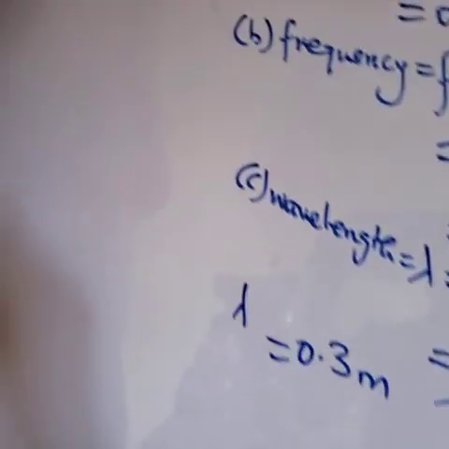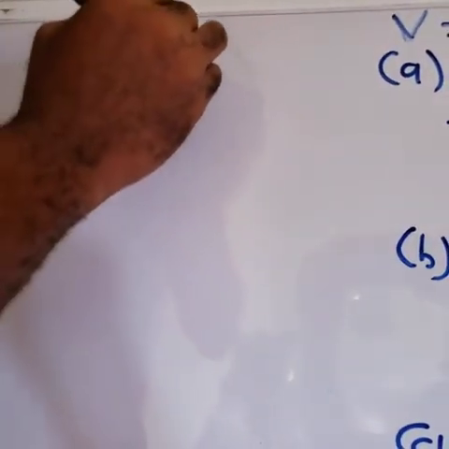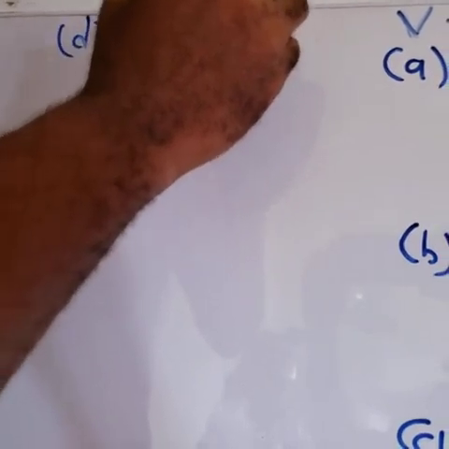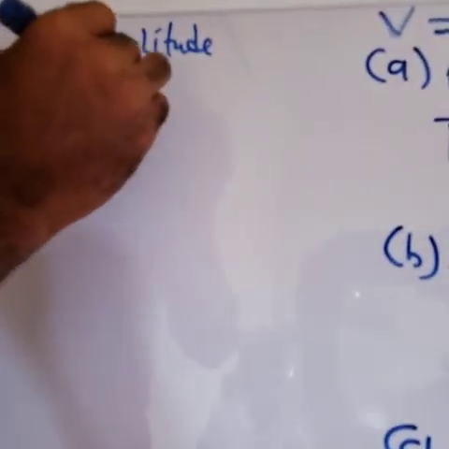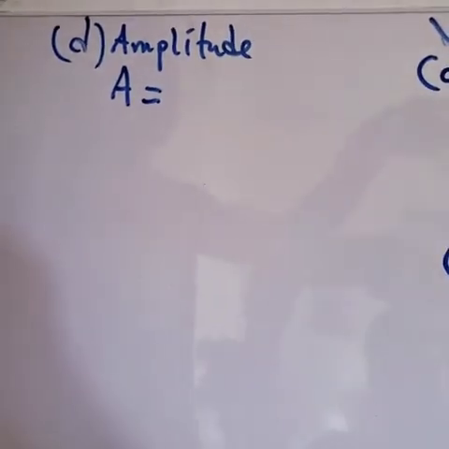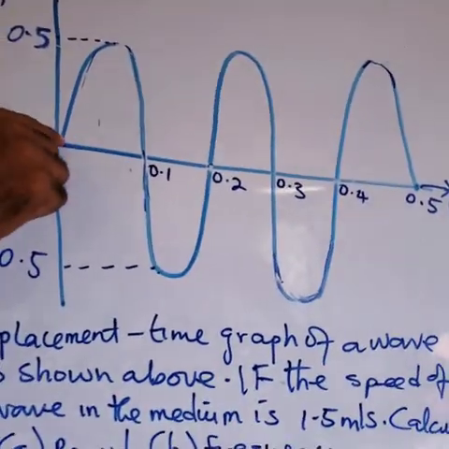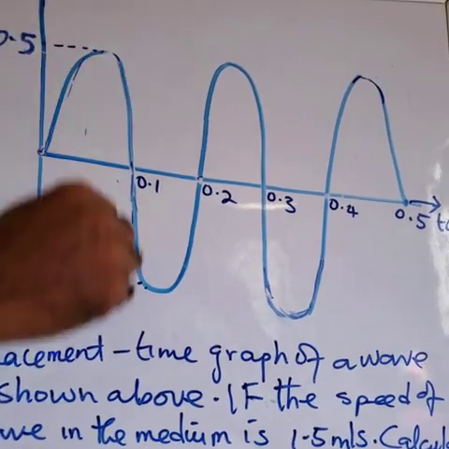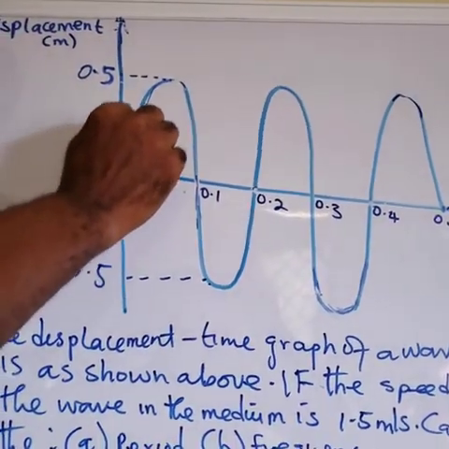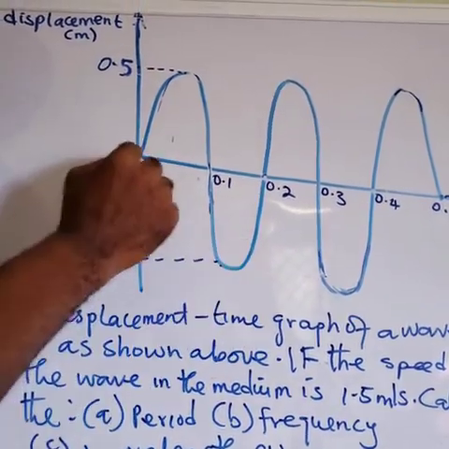Now the last thing we are to find here is amplitude. Depending on the book you are using, let me use the symbol here, capital A. You don't need to calculate anything. All you need to do is go to the graph again. Amplitude is the maximum displacement of the wave. You see, from the origin, the wave either goes up or goes down, above or below the rest point.